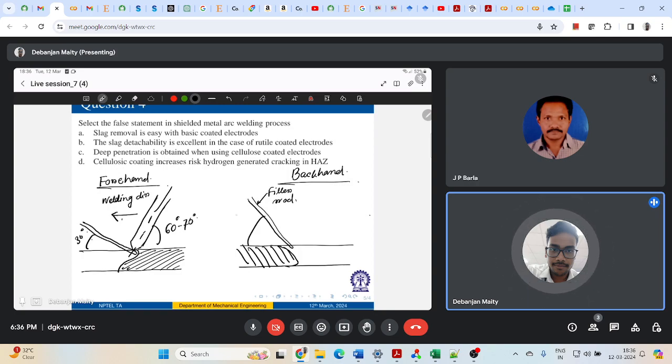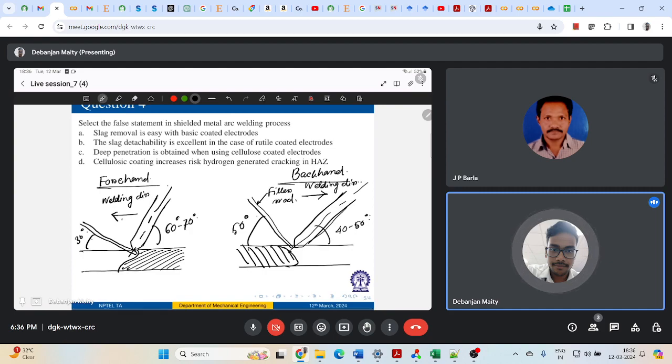This is inclined at about 50 degrees, and my welding torch will also be inclined like this. So this is my welding torch, which is inclined at somewhere around 40 to 50 degrees, and this is my welding direction, right?